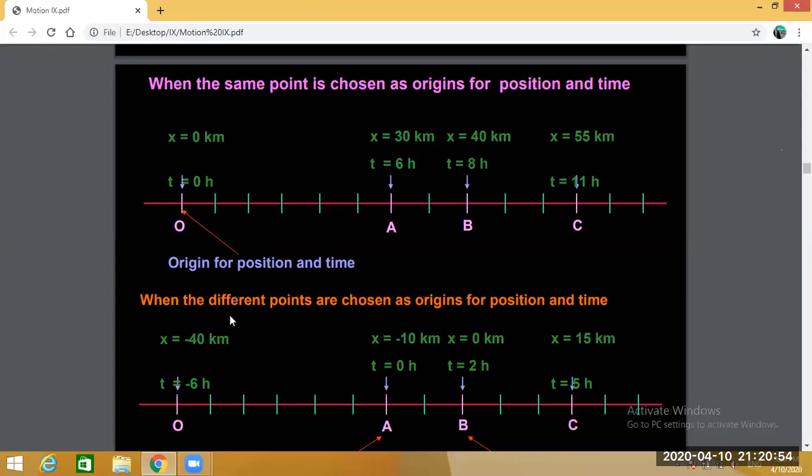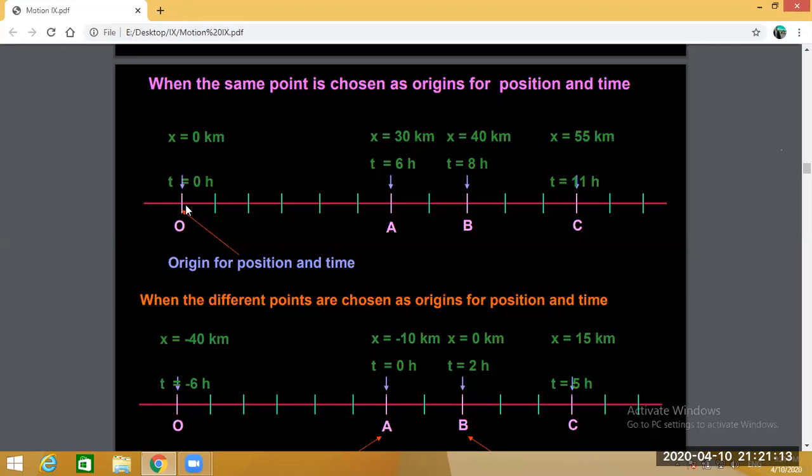Now, when different points are chosen as the origin for position and time, then what will happen? In this case, the origin for position and time both coincide at the same place.